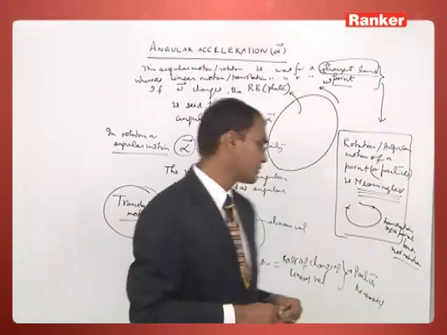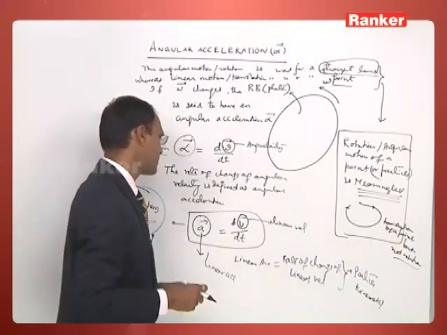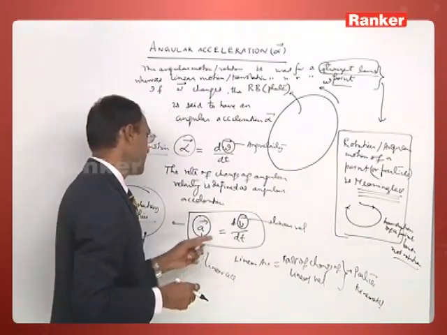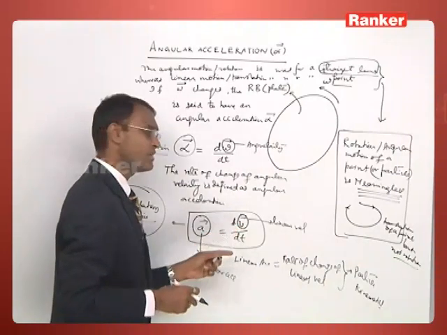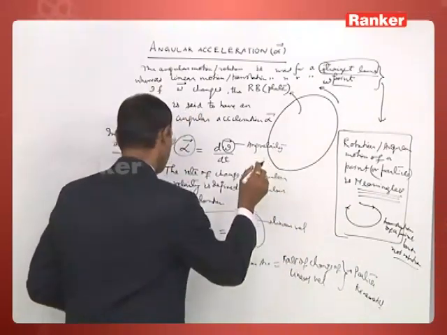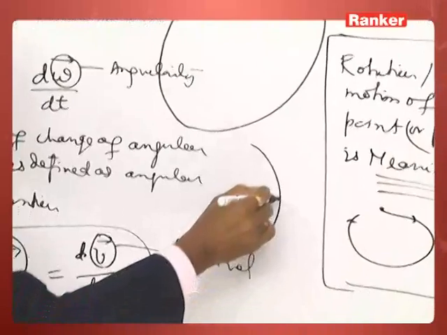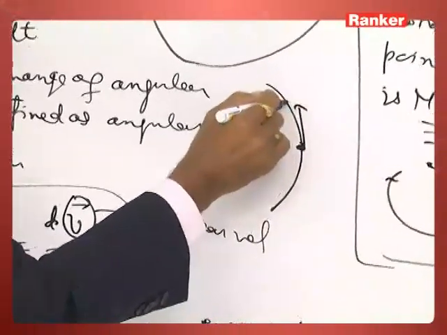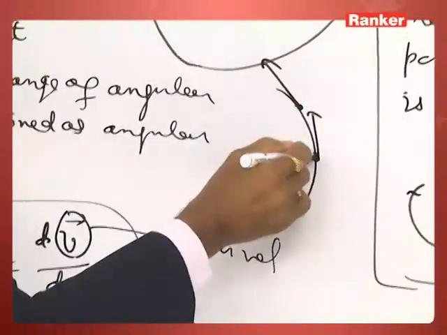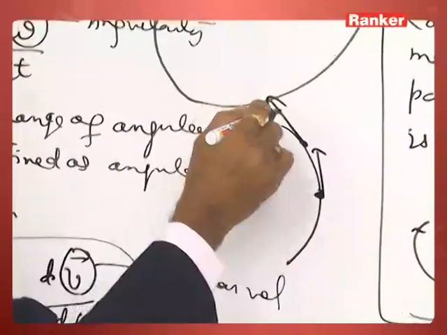Magnitude is not changing. When the magnitude of the linear velocity does not change, you cannot say that v is constant. In circular path, this point's velocity changes from time to time, by magnitude or in direction.